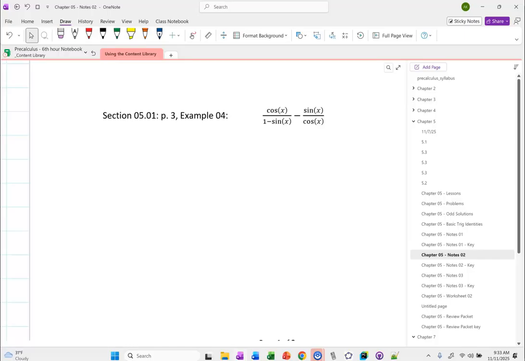Great, 1 minus sine x times cosine x. Because 1 minus sine x and cosine x are relatively prime. They share no factors in common. Just like if you had 1/3 plus 1/2, the common denominator is just going to be 2 times 3 because they're relatively prime. They share no factors in common.